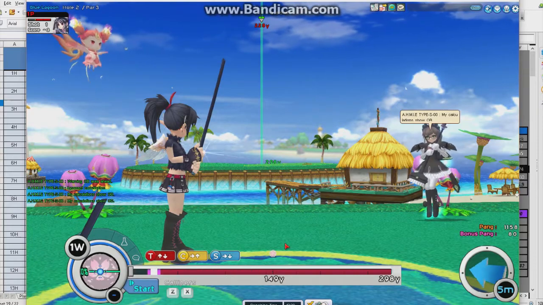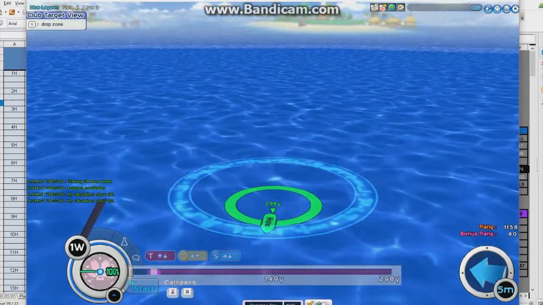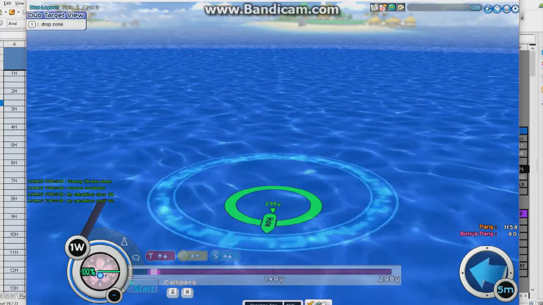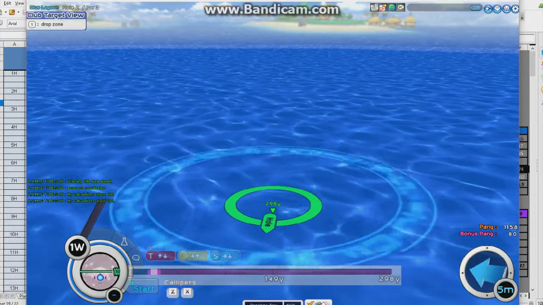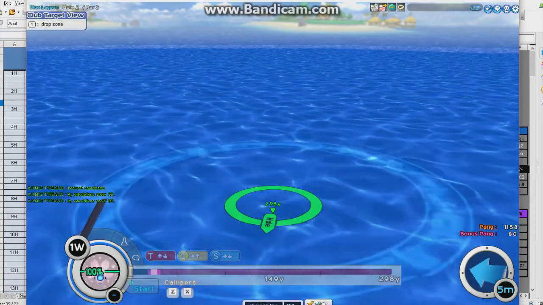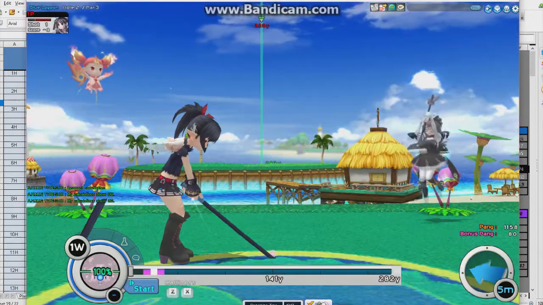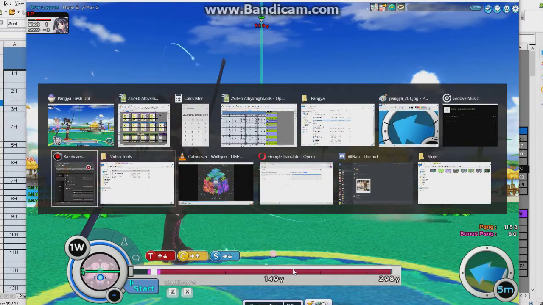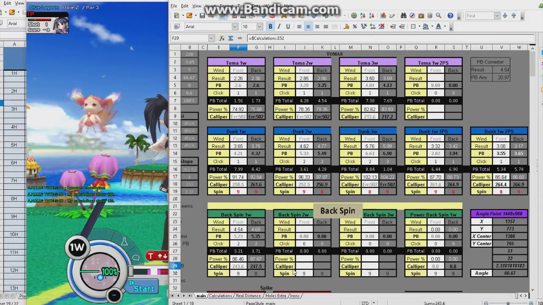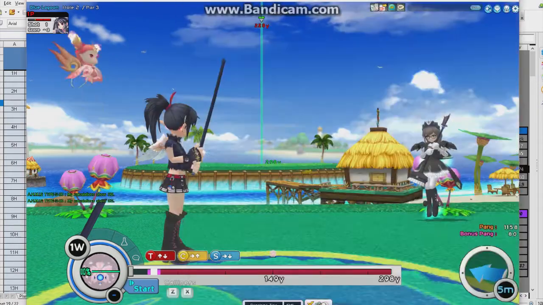Now I use the 1 key to zoom in so I can find my 9 spin. And 9 spin is directly in the middle of the green line on the ball. There it is. And according to our table, we need to hit it 243.6 with 9 spin.